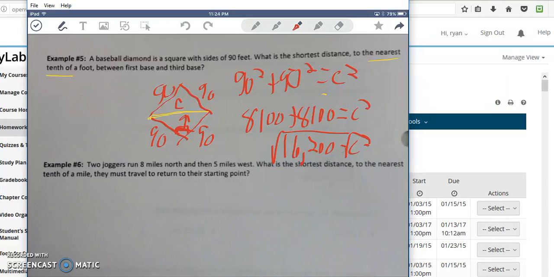Take the square root of both sides, and your answer is going to be approximately 127.3 feet. So from first to third is roughly about 127.3 feet.